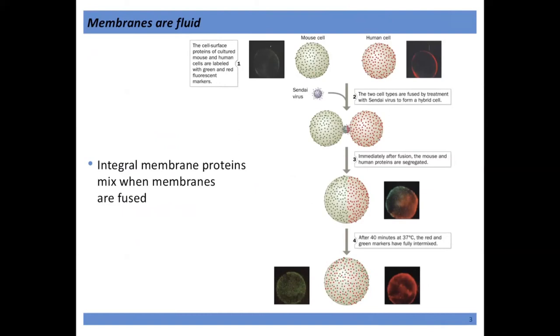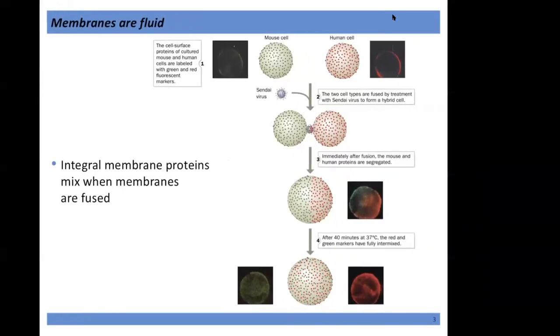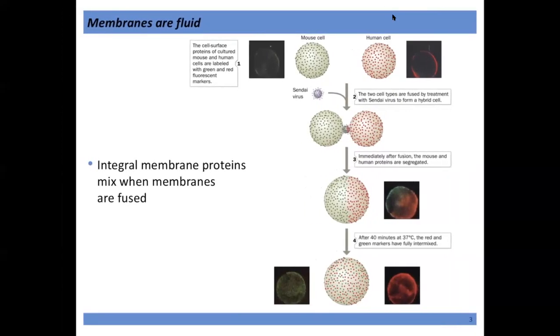And one of them is this labeling of proteins with different fluorescent dyes, as you can see here. And so you can see that they labeled the mouse cell with a dye that fluoresces green and a human cell with a dye that fluoresces red.